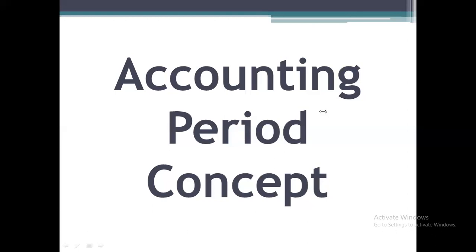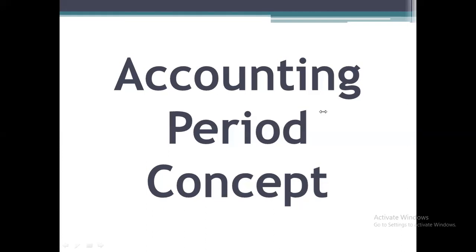This concept says, even though the life of the firm or the company or the fund is perpetual, in order to check the performance or the position of my business or the fund, I need to have some period of time where I stop myself and check whether my business is running into profit or losses, and I compare from one period to another period.